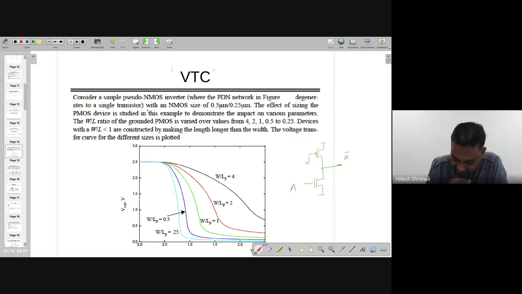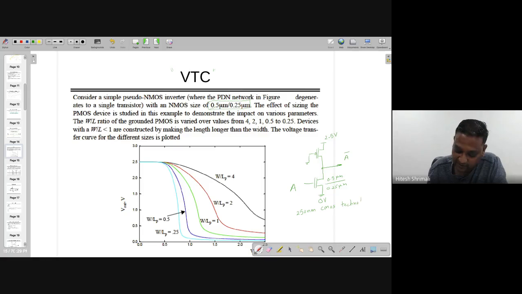If I'm looking at the sizing, it is as follows: 0.5 micrometer by 0.25 micrometer, with VDD equal to 2.5 volt and this equal to 0 volt, in 250 nanometer CMOS technology.